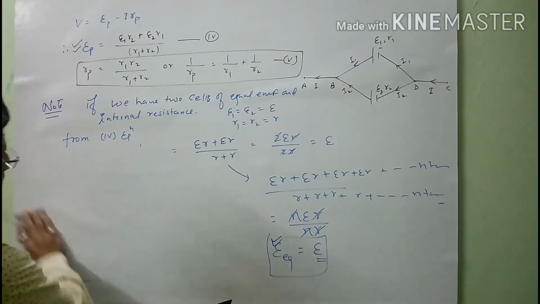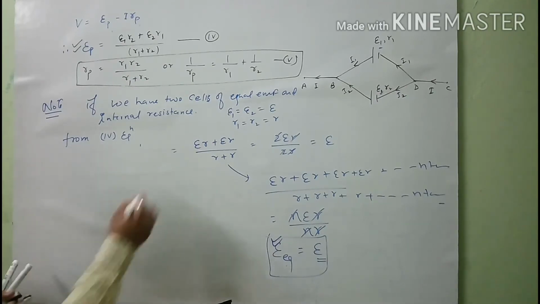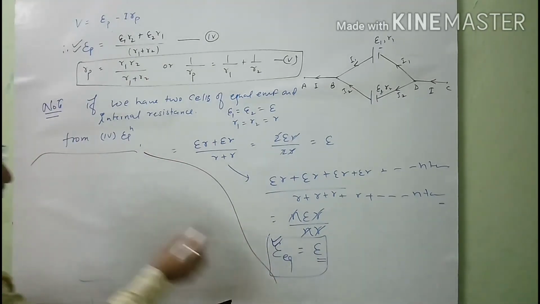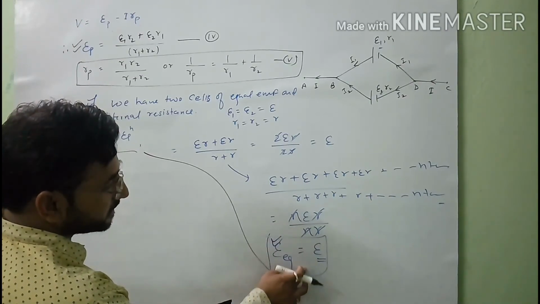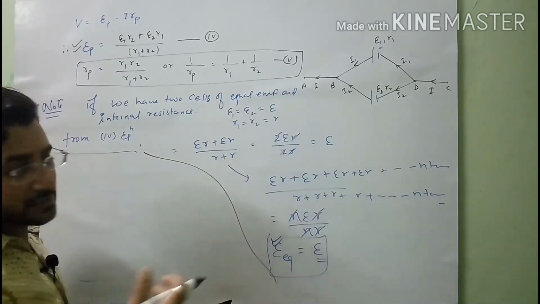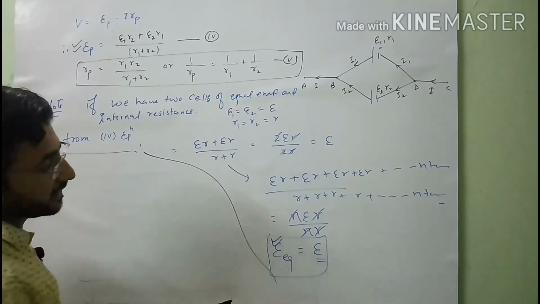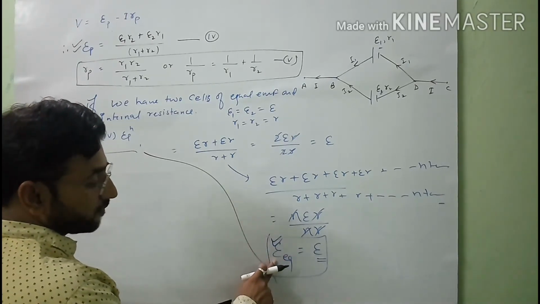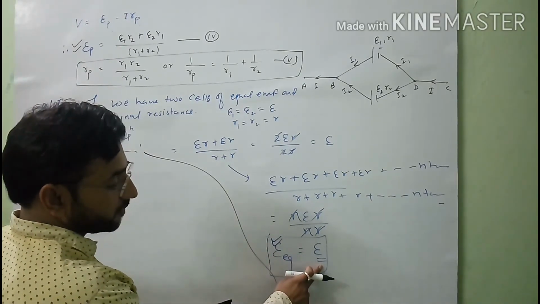Now see, student, as you know that this one is the condition when we have n cells of same EMF, that time the equivalent EMF of combination is equal to the EMF of single cell.